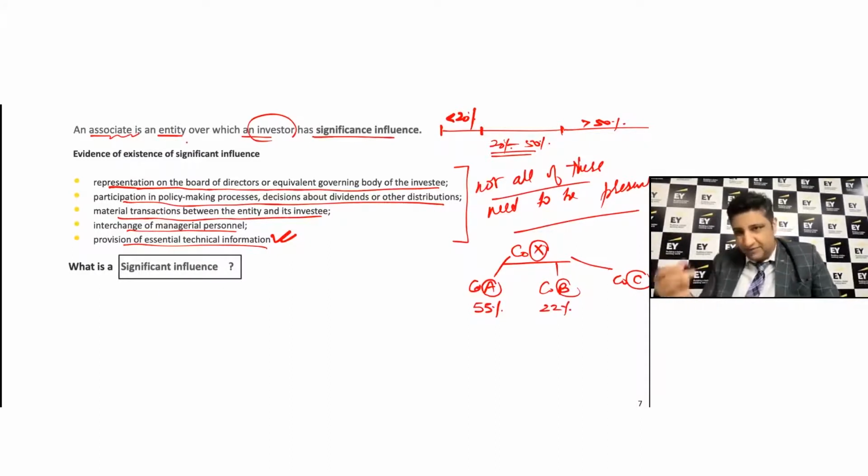I'm just taking a number because we want to connect with something. So 55 plus 22 makes it 77, and let's say this is 23%.